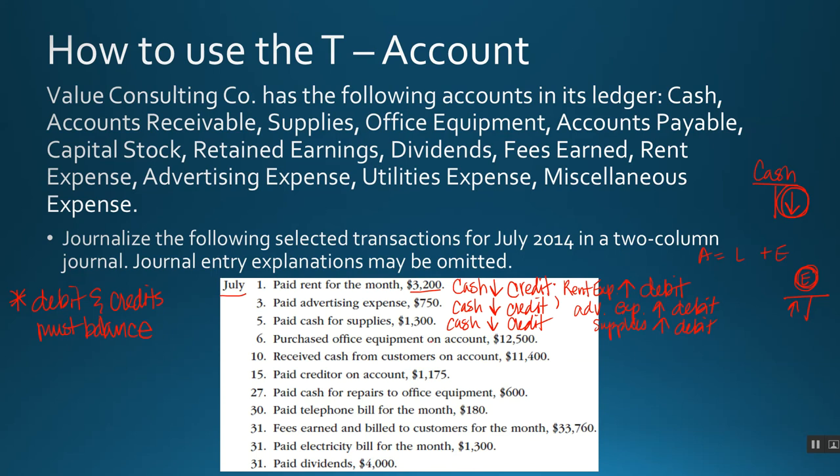All right, purchased office equipment on account. Did we use cash? No, we purchased on a line of credit. So what are the two accounts impacted here? Office equipment and debt, accounts payable.